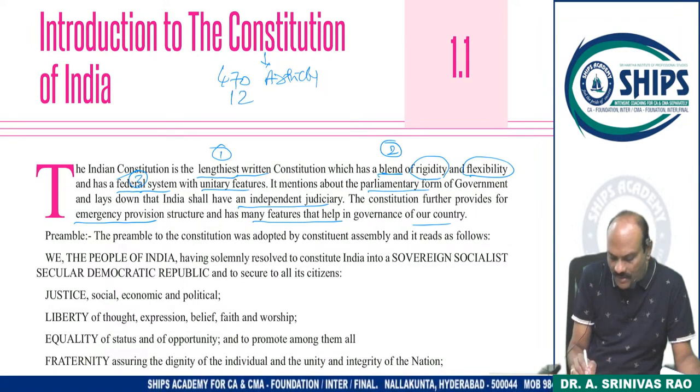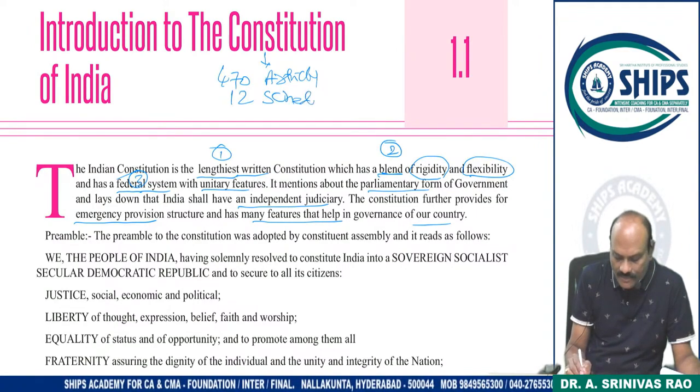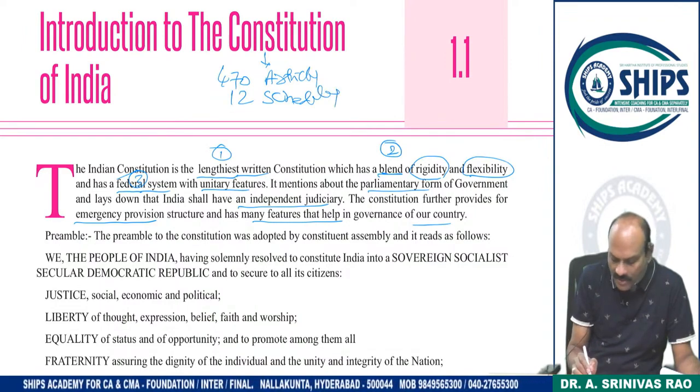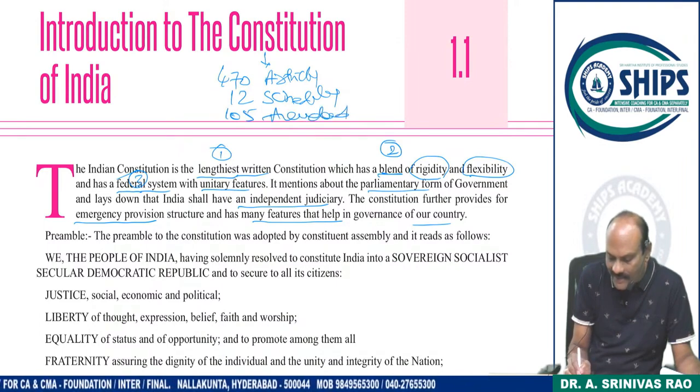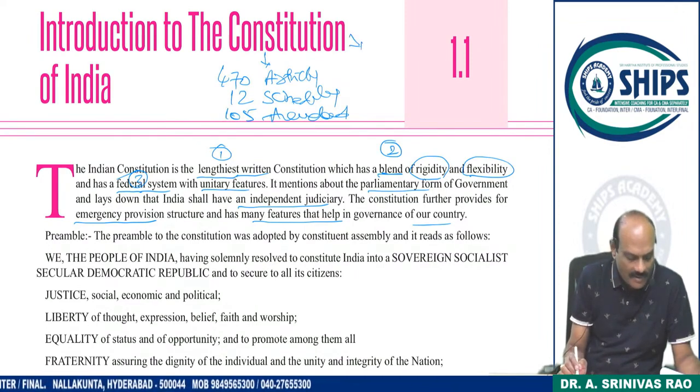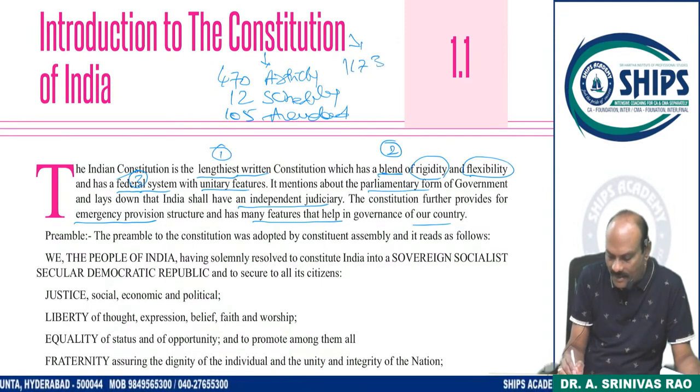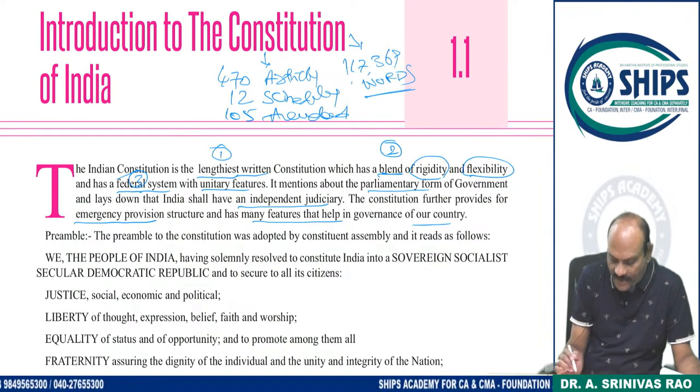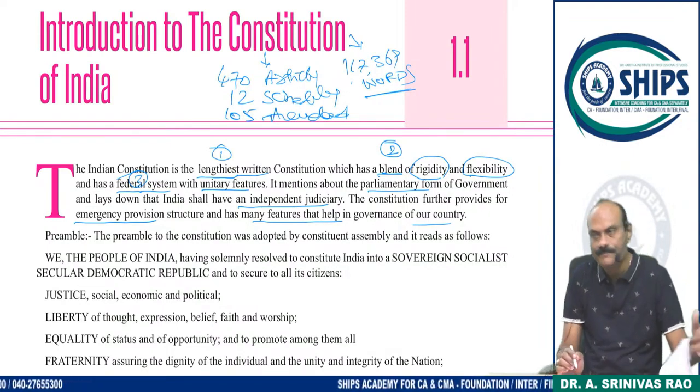We have 12 schedules. 105 times the Constitution got amended so far. And the Constitution of India consists of 1,17,369 words. Our Constitution of India consists of so many words.